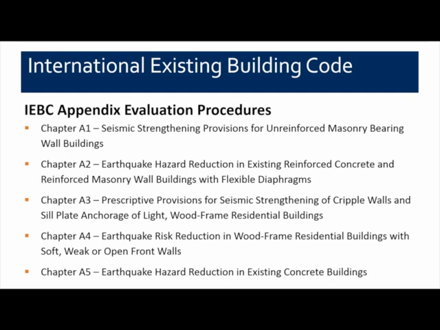But there are other chapters in the IEBC looking at reinforced concrete buildings with flexible diaphragms, wood frame buildings with cripple walls, wood frame buildings with open or weak storefronts, and older concrete buildings. So these are other evaluation methodologies that can be used if you know what building type you have.